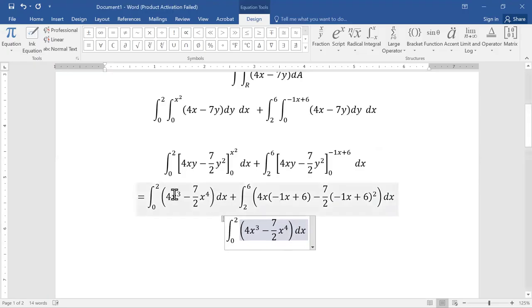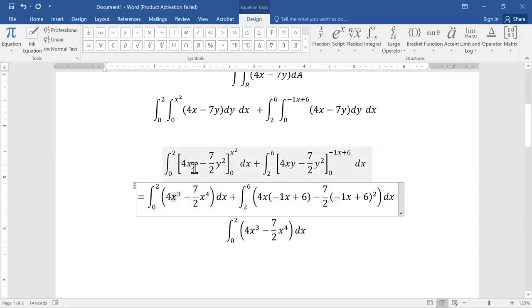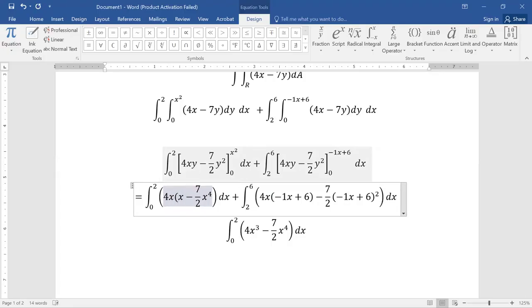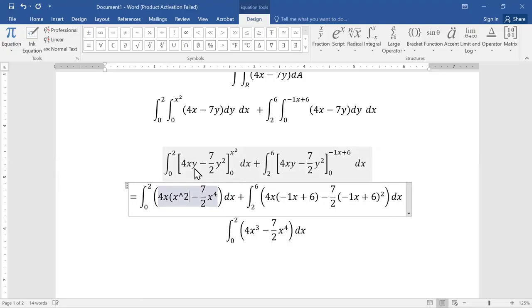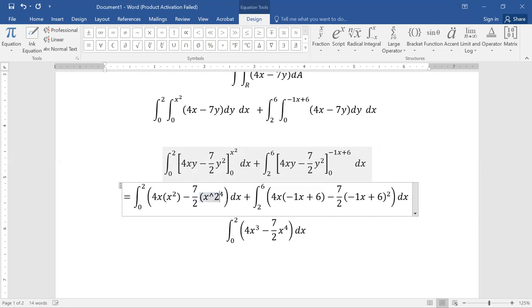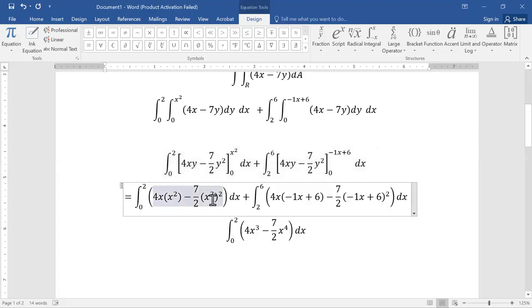This is 4x, and I'm replacing the y with an x squared, and then I get 7 halves y squared, which becomes x squared squared, x to the fourth. 4x times x squared becomes 4x to the third.